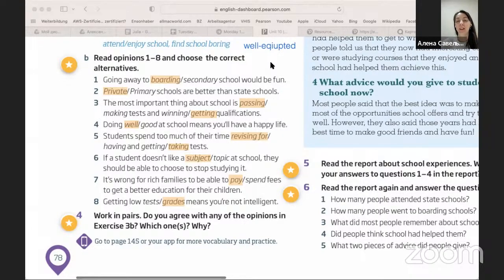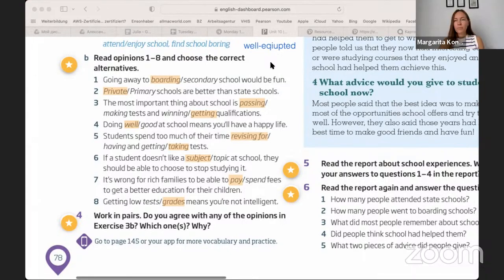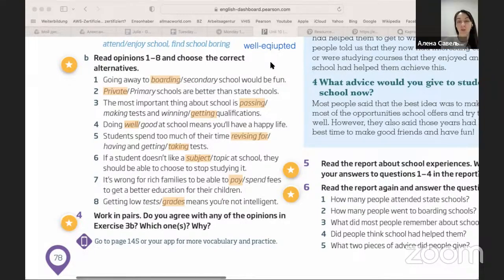I look at my daughter, and she is thinking about passing her test. She doesn't think about getting qualifications, but I think she's unusual because she really likes to learn.